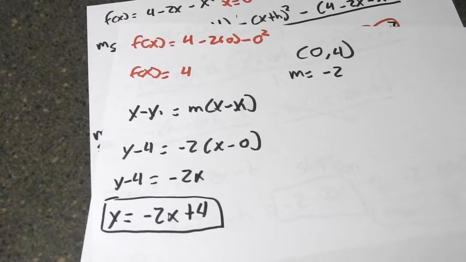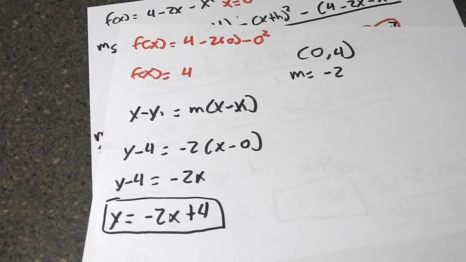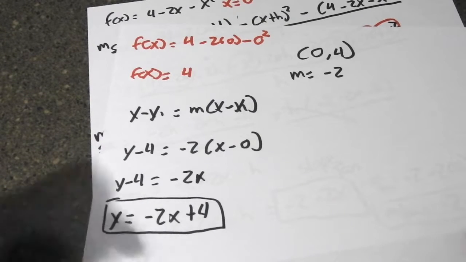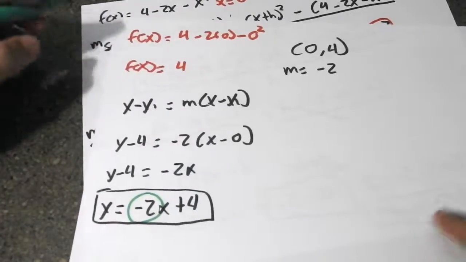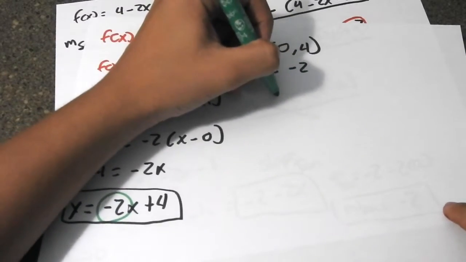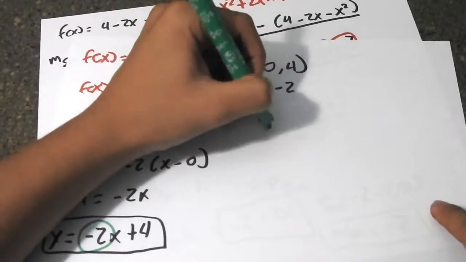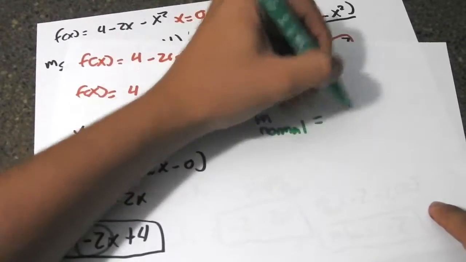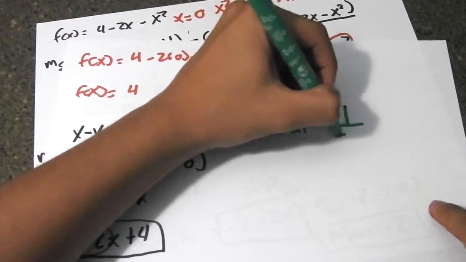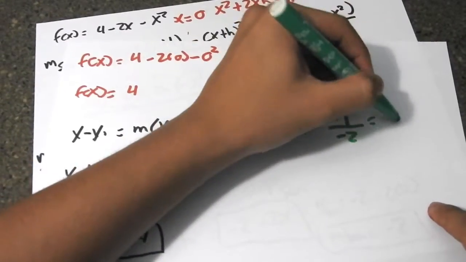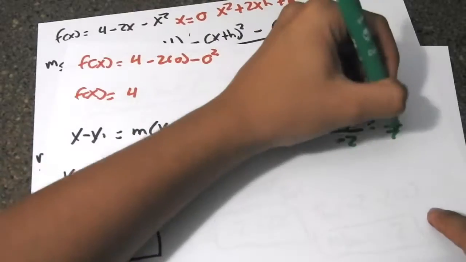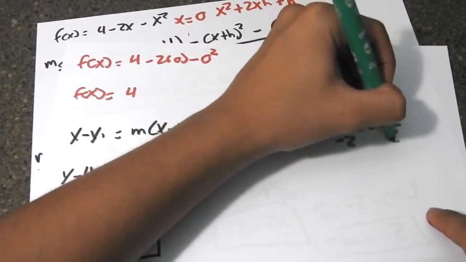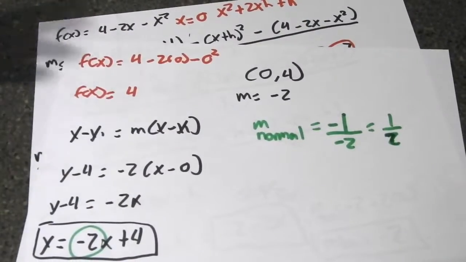Now we're going to get the equation of the normal line, and we're going to apply the reciprocal to the slope of the tangent line. The slope of the normal line is going to be negative 1 over negative 2, which is going to be positive. So we have that the slope of the normal line is 1 half.